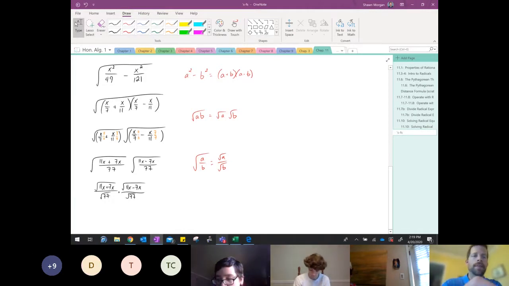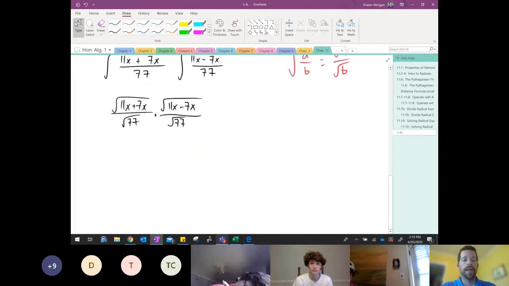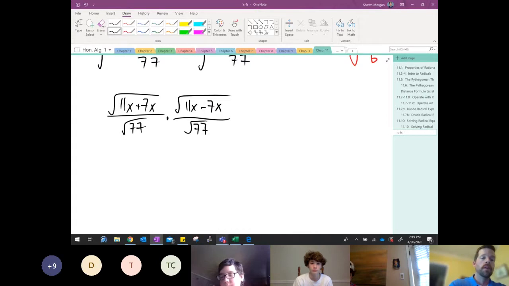That's that ASAT that we talked about last week. I've got to know all the stuff all the time and be able to use it. Now, back to this example. So we're multiplying. So the bottom is just going to become, I don't know. Stephen, what do you think the bottom is going to become?